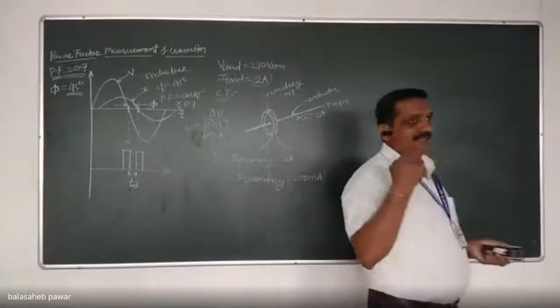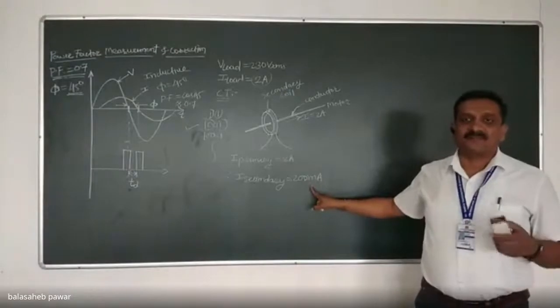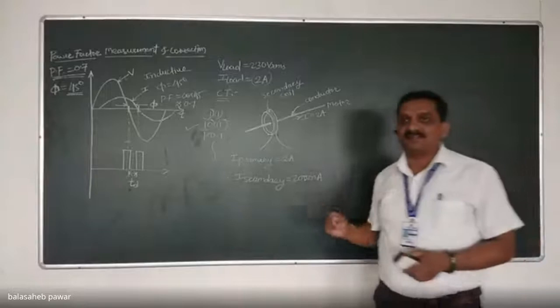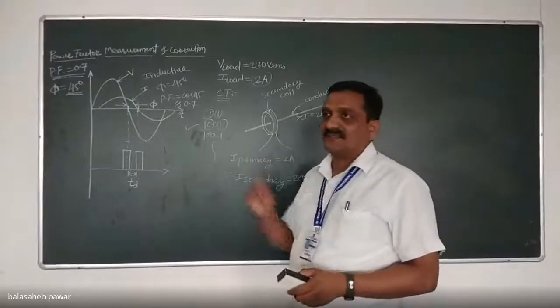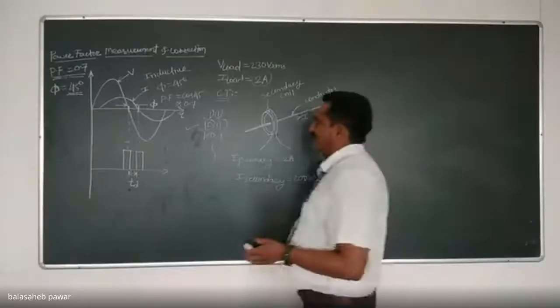Now see, this current of 200 milliampere, how is it to be processed, or what will be the nature of this 200 milliampere? Before processing, we will discuss that. What will be the nature of that current? Will it be DC current or AC current? AC. Yes, it will be AC current. Very nice.